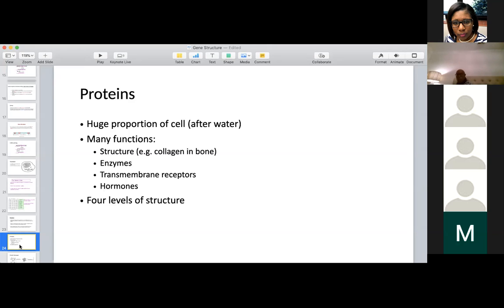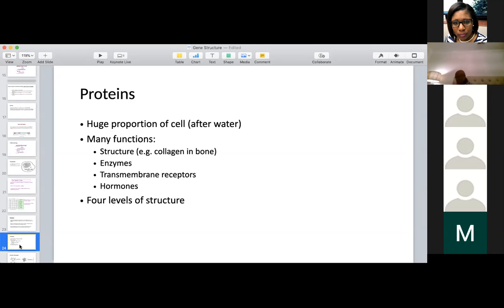They can function in regulating hormone activity. So proteins are very important molecules inside of the cell. They make up a huge portion of the cell. And again, the protein expression profile at any moment in the cell is going to dictate how that cell functions overall.